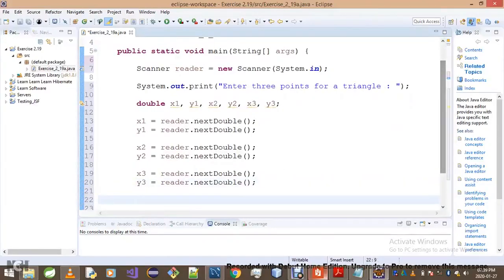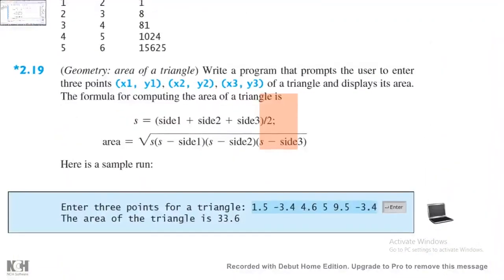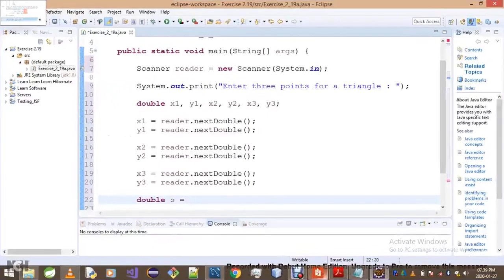Okay, now that we've got our variables properly assigned, it is time to create this S here, the one we're given. So it's nothing else but the sum of the three sides all over 2. Okay.